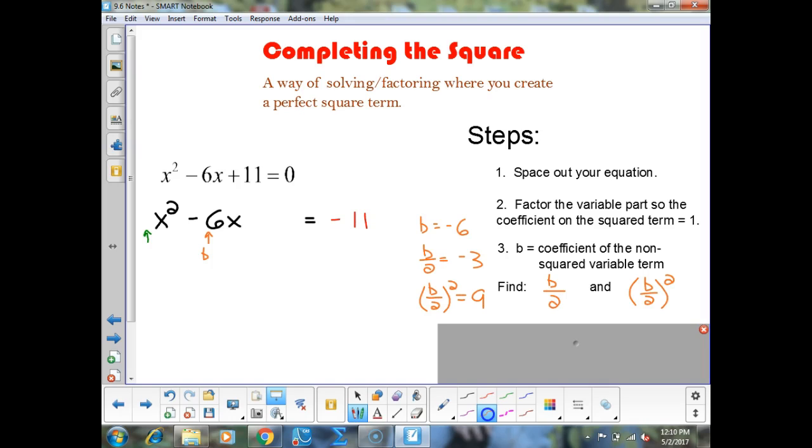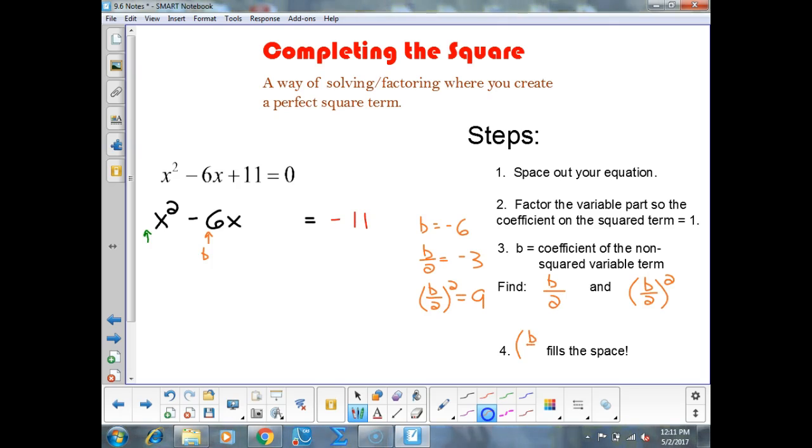We didn't have to factor because it was already a coefficient of 1. Now, here's the kicker. The B over 2 quantity squared is going to fill in this space. But what have I done to my equation?